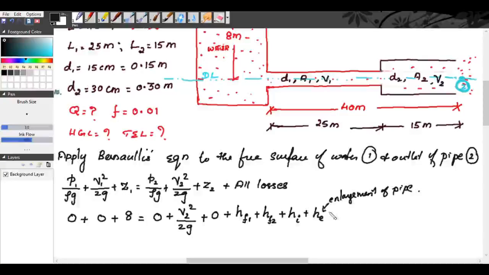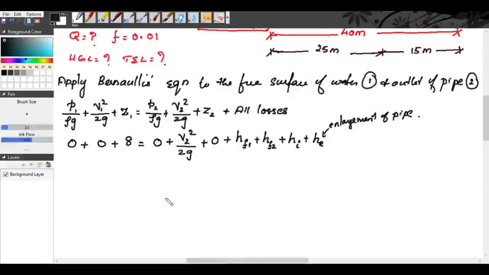I told you it is an exit, but in this case it is enlargement of pipe. We will find what is HF1, what is HF2, what is HI and HE. Then we will substitute in this formula.